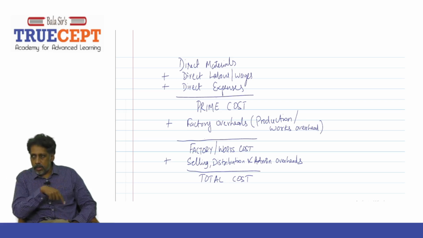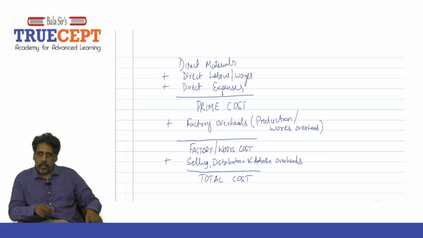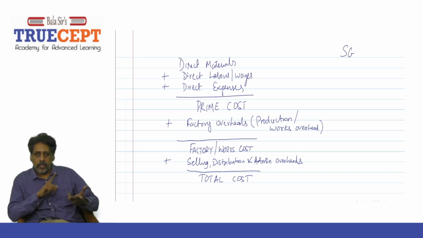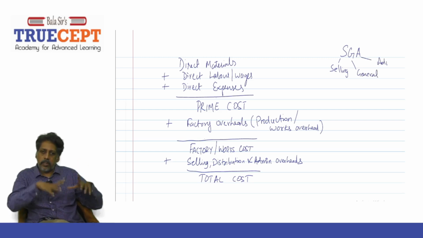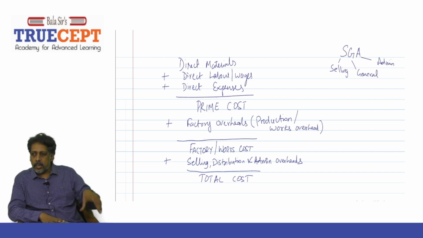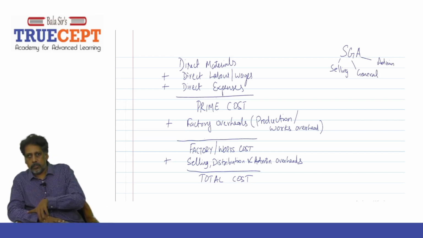They call these expenses the SG&A expense. S stands for selling, G stands for general, and A stands for administrative expense. Is that fine? Yes, sir. So these expenses are known as indirect or non-manufacturing cost.